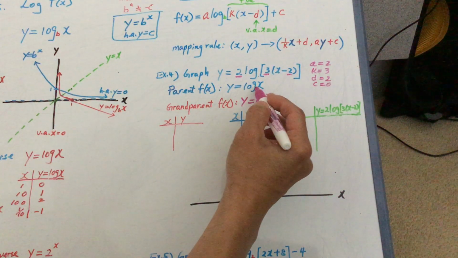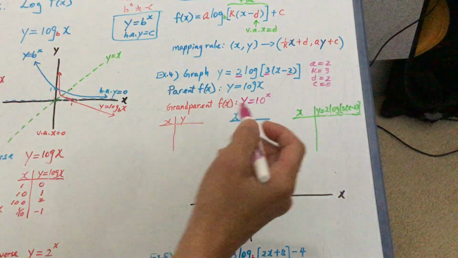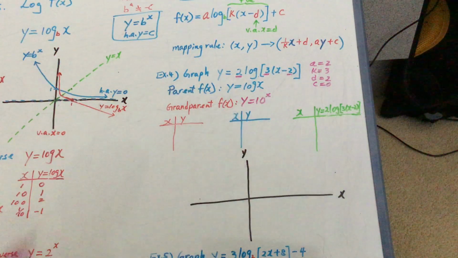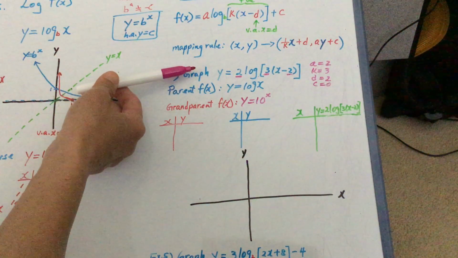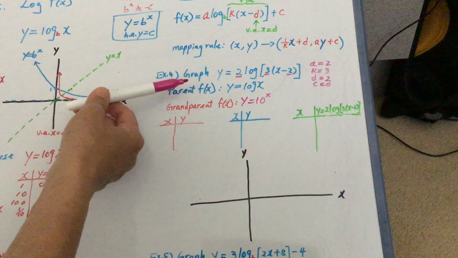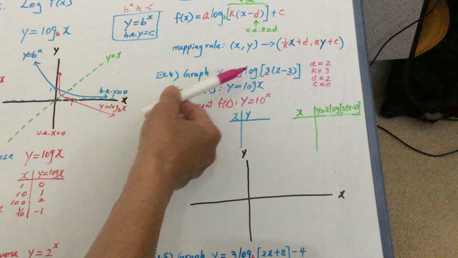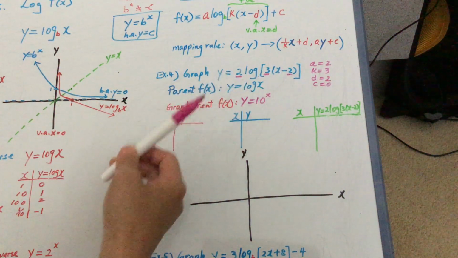Because this one has no number, you know that this is in base 10. So from the given equation in log form, I go back to the parent function of the log form, which is also a log equation but without all the transformations. So I'm just giving myself y equals log x.